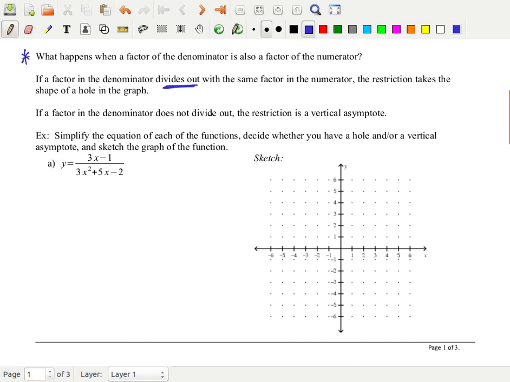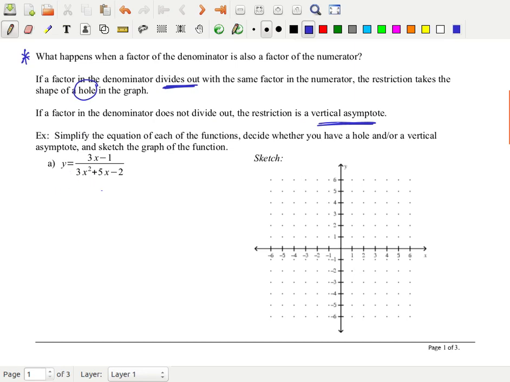This is something I've talked about algebraically, which is this notion of a hole, and I've sketched that out in classes and even, I would expect, in previous video lessons, but we're going to take care now of what that looks like. So if the factor in the denominator does not divide out, we get a vertical asymptote. If the factor in the denominator does divide out, we end up with a hole.